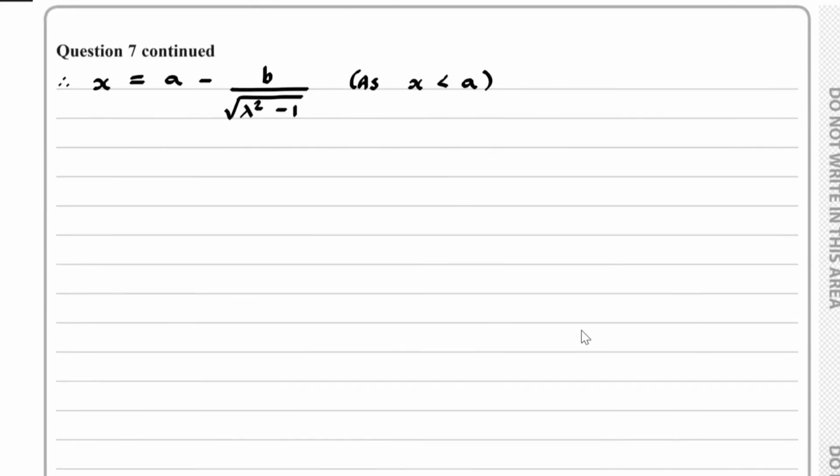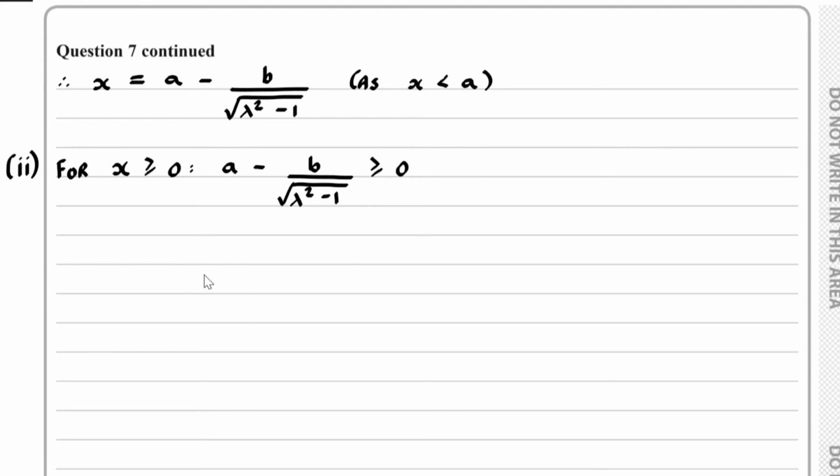Well, if we consider the situation where x is greater or equal to 0, then we have a subtract b over the square root of (lambda squared minus 1) being greater or equal to 0.